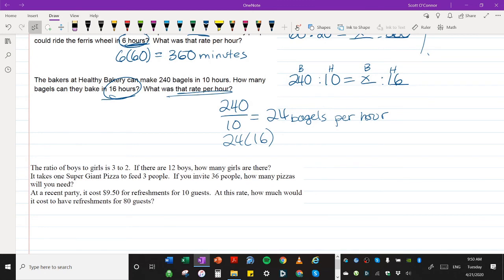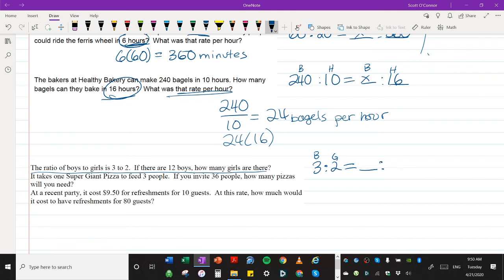All right, so this one: a ratio of boys to girls is 3 to 2. If there are 12 boys, how many girls are there? See, this is the kind of question where, if you have to choose between the two methods you've been taught, the ratio is going to be a little bit easier. So if we do 3 to 2, that's boys to girls, and there are 12 boys.